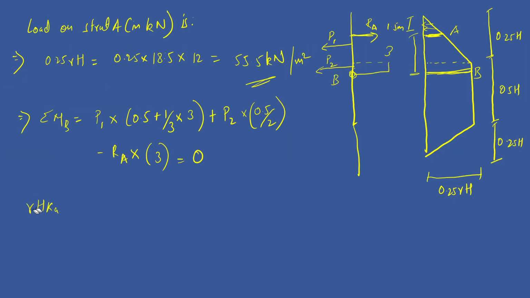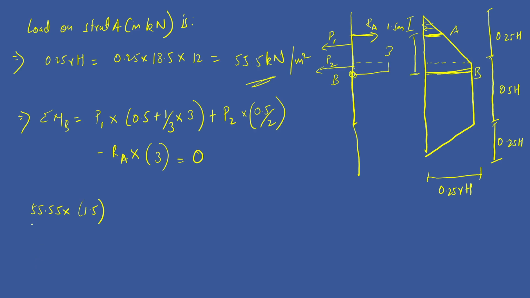The UDL is acting on the right side, and now we need to convert that. 55.55 multiplied by 1.5. That 55.55 is the pressure, right? Yes, sir, kilonewton per meter square. Into 1.5 is a meter, it's the lever arm, so the height.